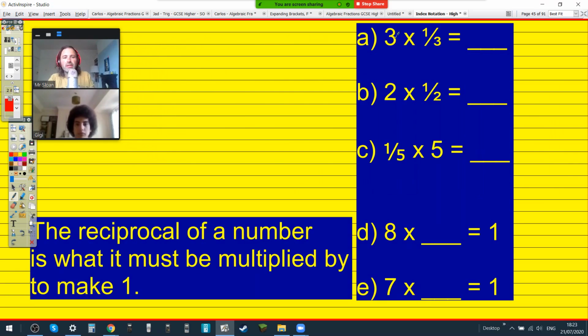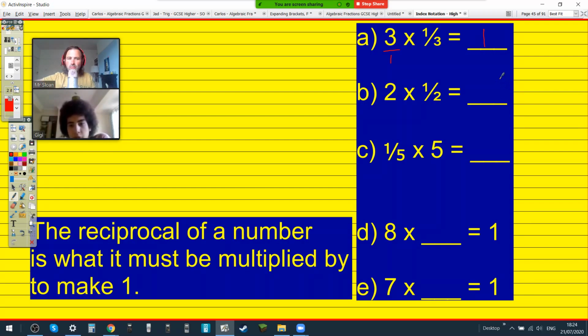Okay, let's try these. 3 times a third. And 3 is the same as 3 over 1. Oh, we 1. Yep.